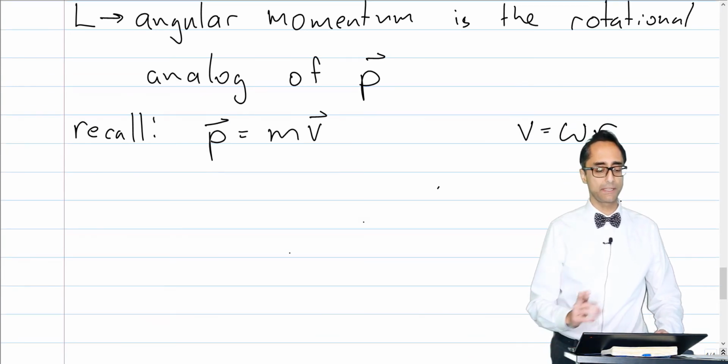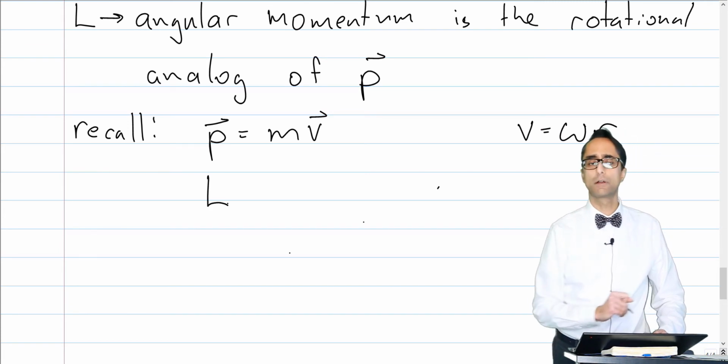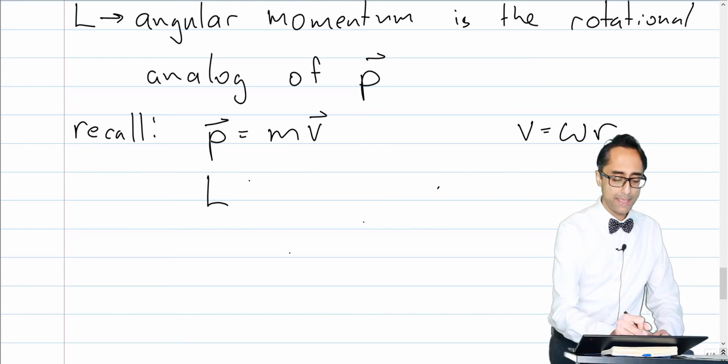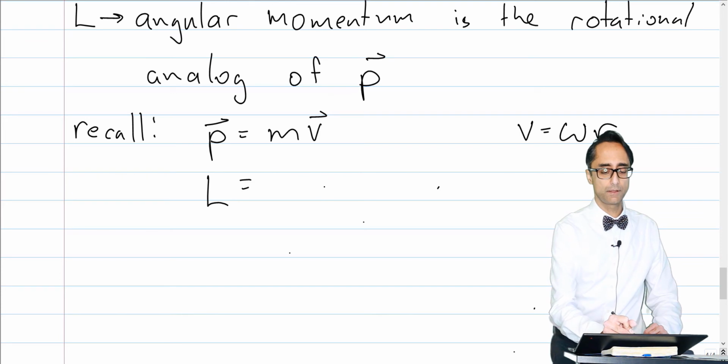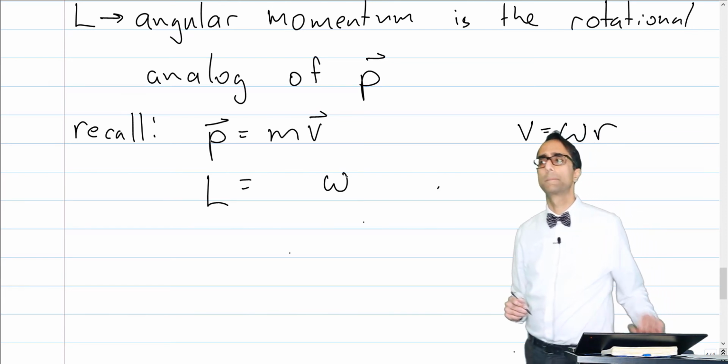Let's see what it might be. So instead of P, I have L. And instead of v, I'm going to have omega. What about m?